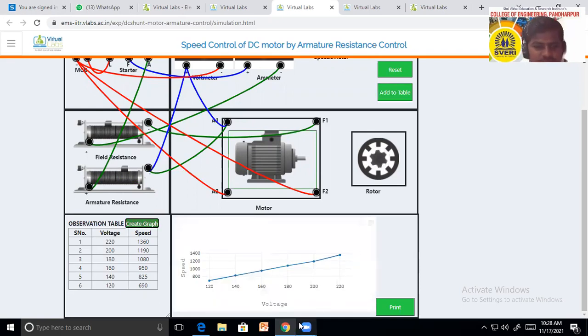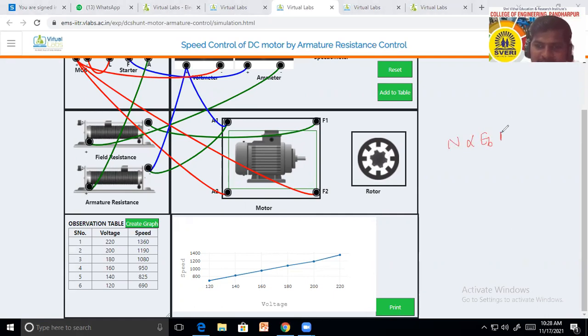Okay, so this graph will be like this. हा reverse दाखवलेला आहे बघा, reverse graph draw केलेला आहे. That means if the voltage increases, the speed of the machine decreases. Okay, so see, that equation is nothing but N is directly proportional to Eb.